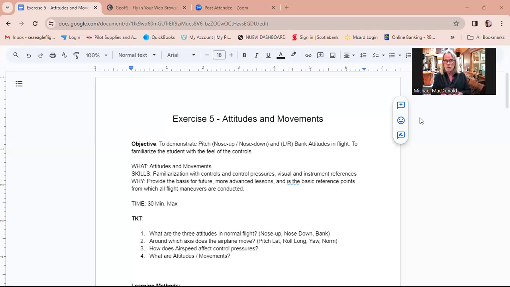We emphasize what we call attitude flying, which is looking out the window for your basic airplane attitude information and then cross-checking with the instruments on the control panel, the six-pack. So basically the altimeter, the airspeed indicator, the turn coordinator, the attitude indicator, the vertical speed indicator, and the heading indicator.